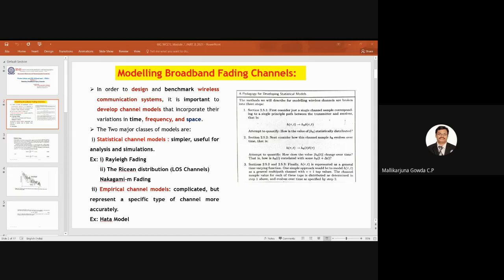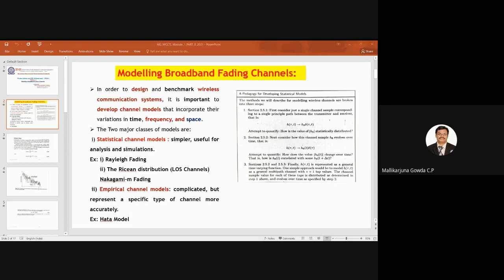We are trying to quantify how the value of h naught of t changes over time, that is, how h naught of t is correlated with h naught of t plus delta t, where delta t is a change in time. And the third step is to consider multiple dimensions, both time and delay. I will come back to that.